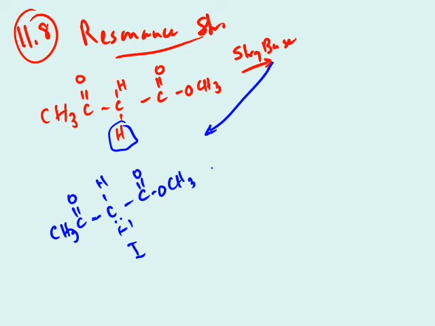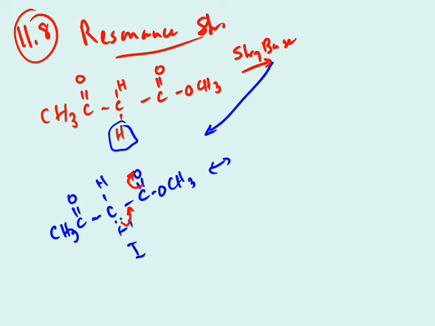Since we need to draw 3 structures, the double arrow is shown for resonance structures. Let me show you with a different pen color so that you know the movement of the electrons. This electron pair could be moved either to the right or to the left. If it moves to the right, it goes in here, then the carbon where it goes would have too many bonds, so it will have to break its weaker bond and leave its electron pair onto oxygen.